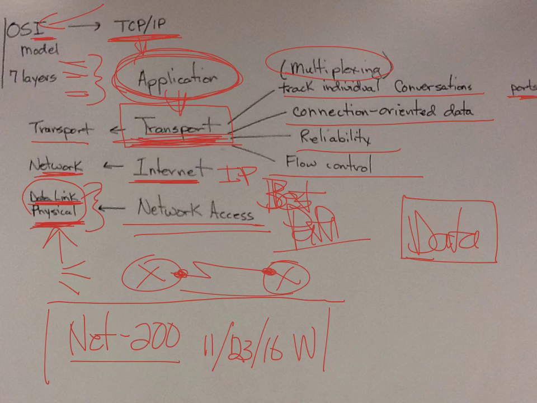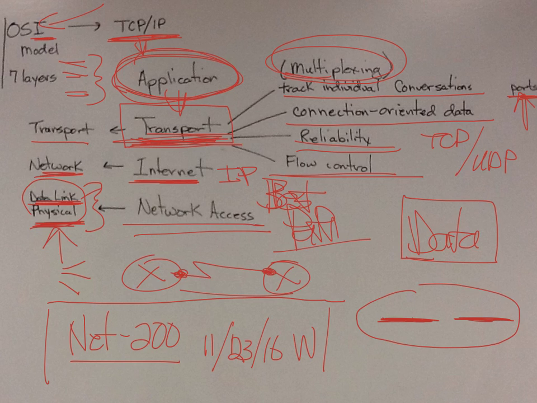Well, we can do multiplexing through the computer by assigning different port numbers. And then we can figure out flow control. Is it going to be reliable? Is it going to be TCP or UDP to send the information through, and so forth. And then we also talked about that connection: you've got an IP number and a port number, and together those make a socket.